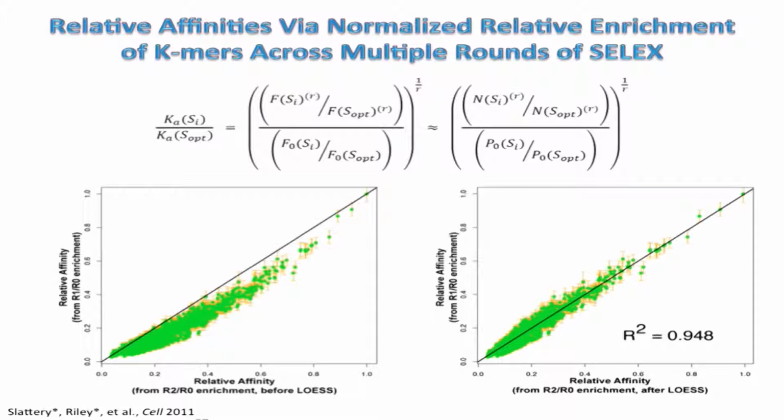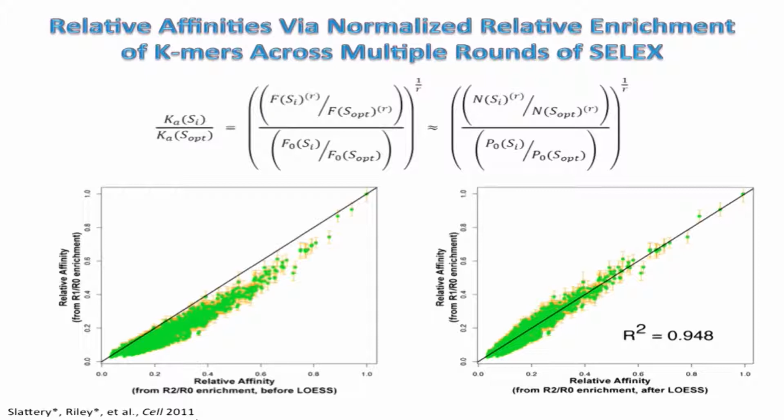This is where it's important that you do enough deep sequencing so that you have good confidence that your ratio of counts is a good approximation to the ratio of frequencies in the overall pool.